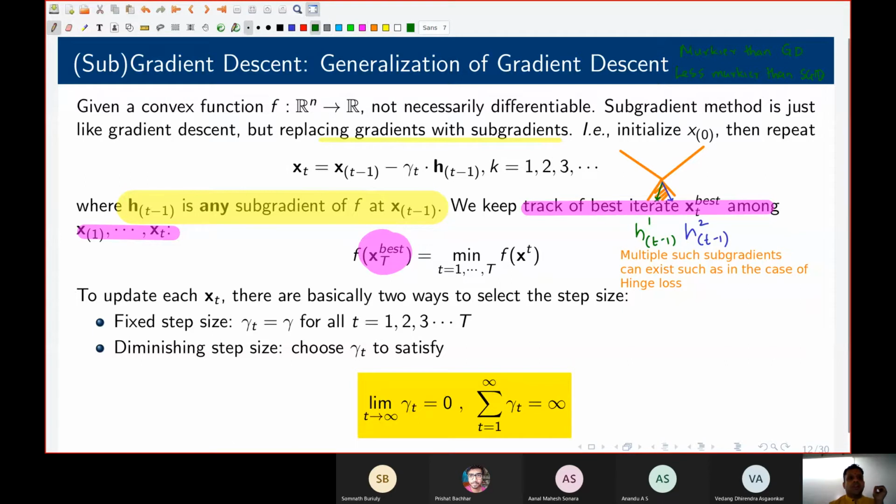That's possible. But then we'll see that there are other conditions. So what about the sum over t equals 1 to infinity of gamma t squared? Is it a good idea that this becomes finite? Does that help? So these are questions you have.